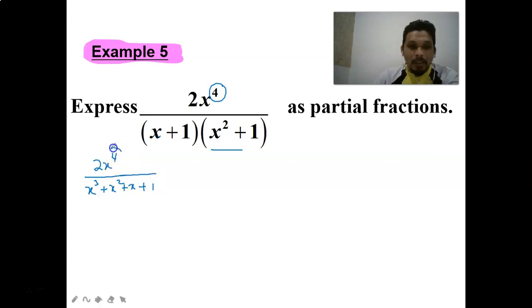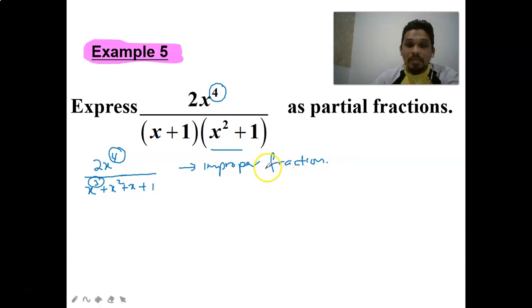Okay. The degree of x in the numerator is greater than the degree of x in the denominator. This is an improper fraction.